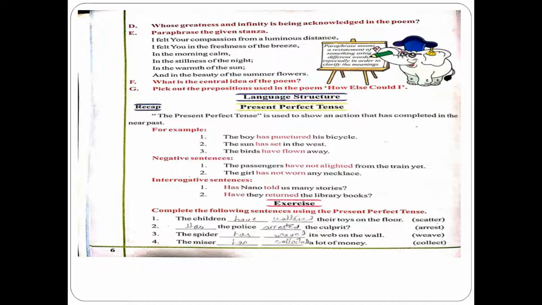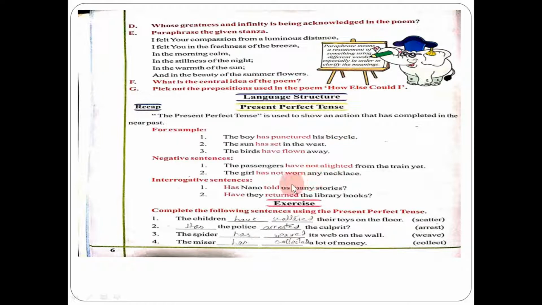You will notice that not is used after have and before third form of verb. Now it's a negative sentence. Number 2 is, the girl has not worn any necklace. For girl, helping verb has been used, and then not, and then third form of verb is used.